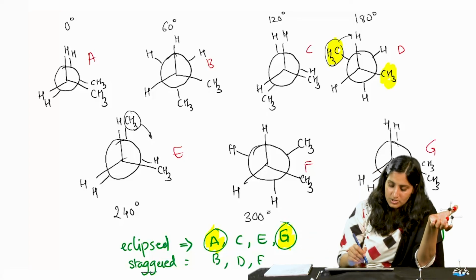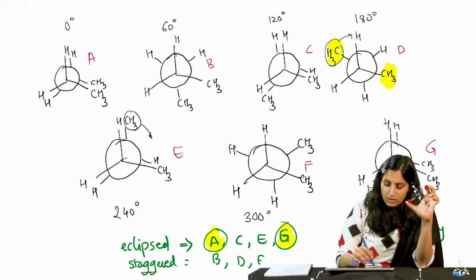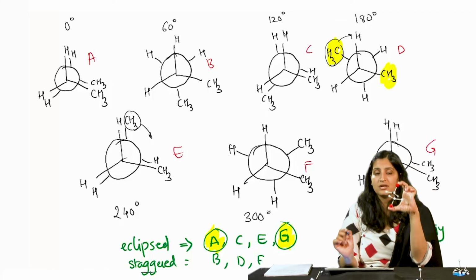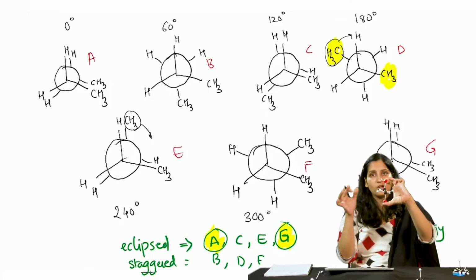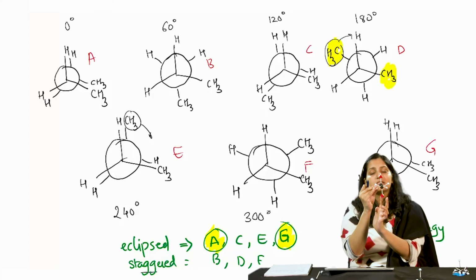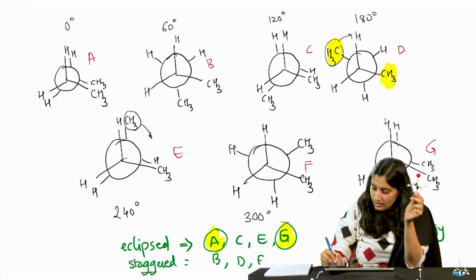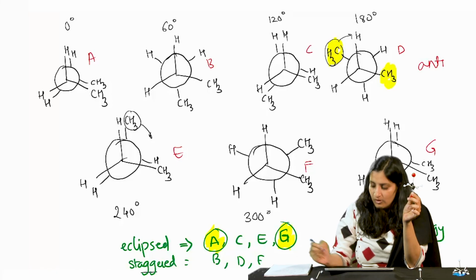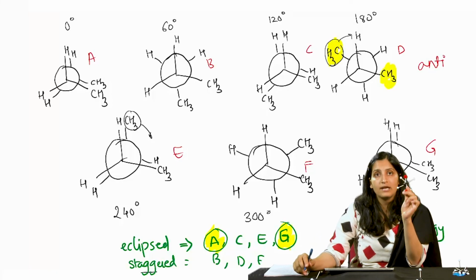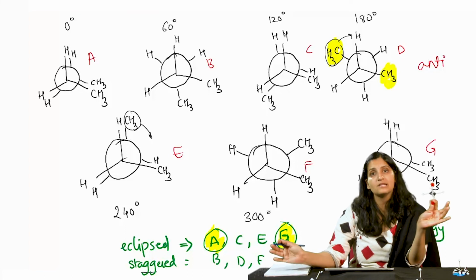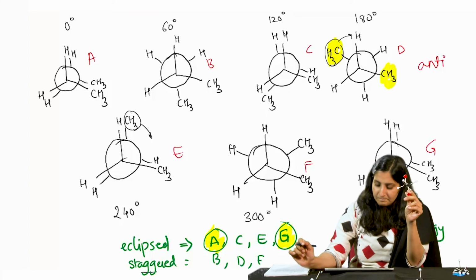This particular conformation, which is of the lowest energy, because firstly it is all staggered and the two methyls are farthest apart, is called an anti-conformation. So, an anti-conformation is the most stable conformation because the two methyls are farthest apart.